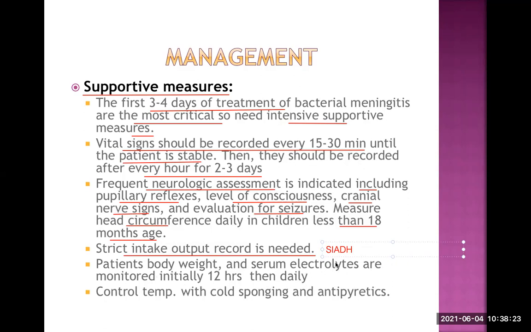Serum electrolytes are changed because of SIADH again. Control temperature with cold sponging and antipyretics. There may be high grade temperature, so antipyretics are given 6 hourly to 4 hourly. Maximum frequency is 4 hourly, and cold sponging if antipyretics are not going to control the fever.